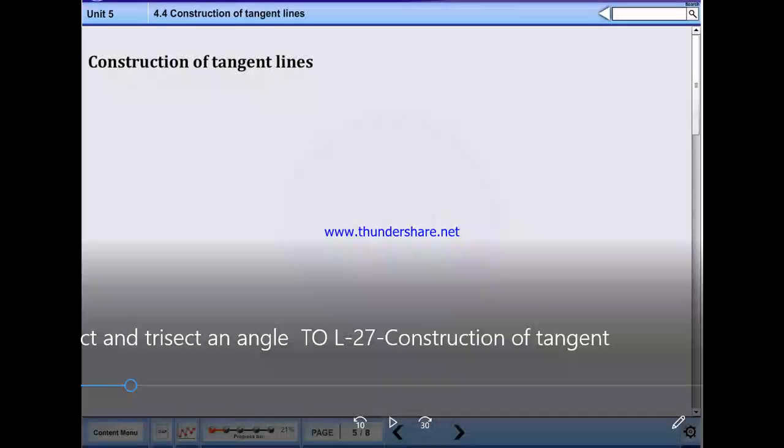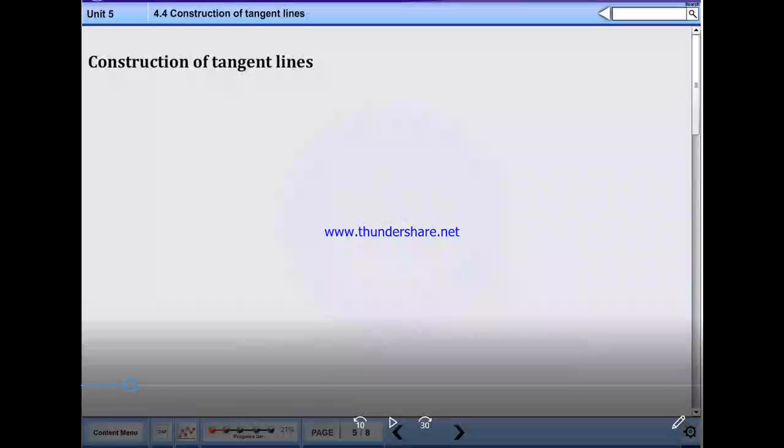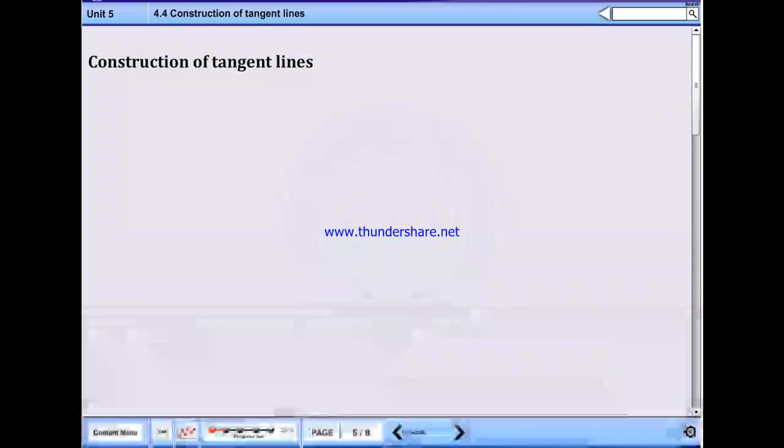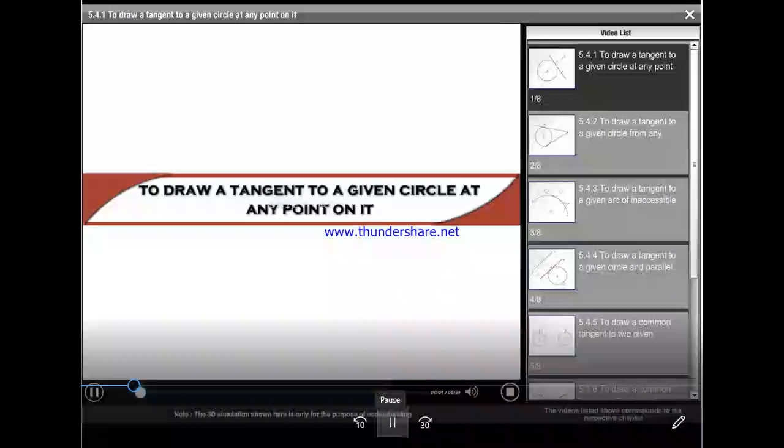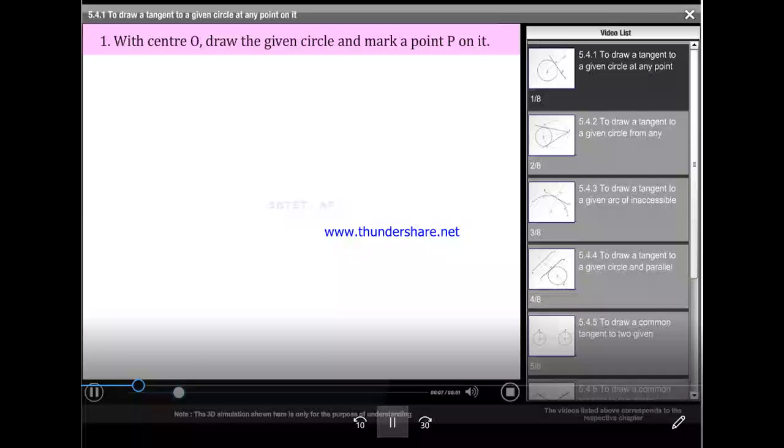Now, a little bit of review. Again, the construction of tangent lines with a simple example. To draw a tangent to a given circle at any point on it. With center O, draw the given circle and mark a point P on it.